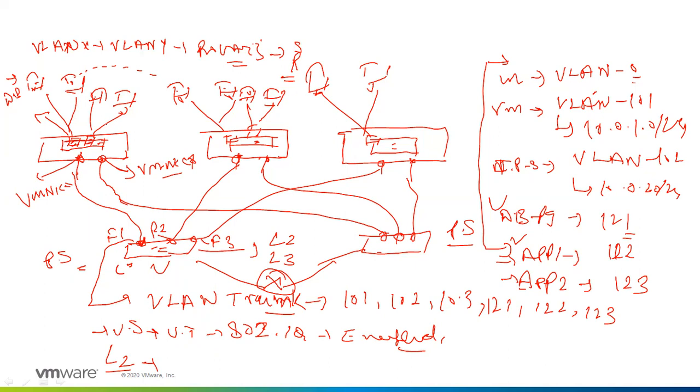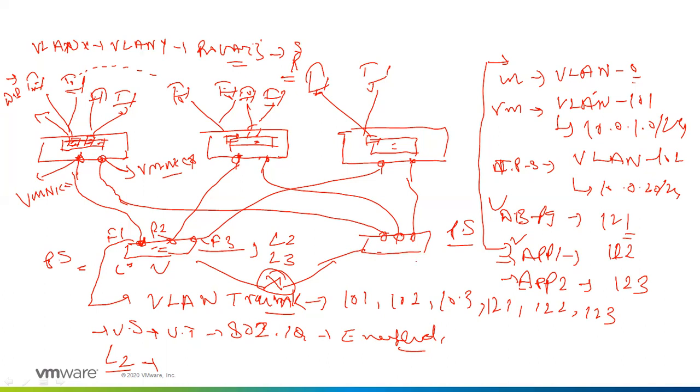On VMware, creating any virtual switch or port group is nothing but creating a VLAN. This activity will be done by you, but any networking-level things will be taken care of by the network engineer.